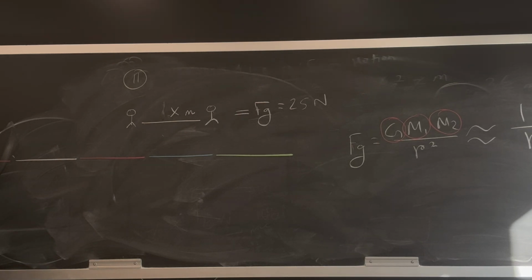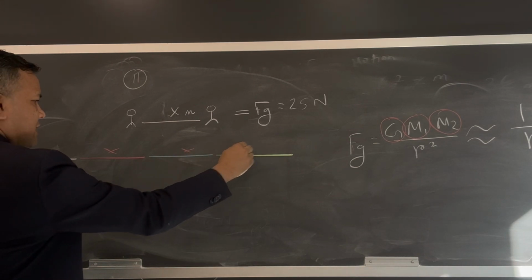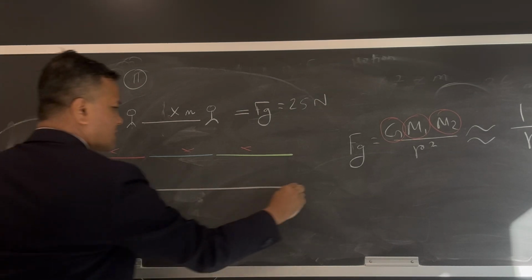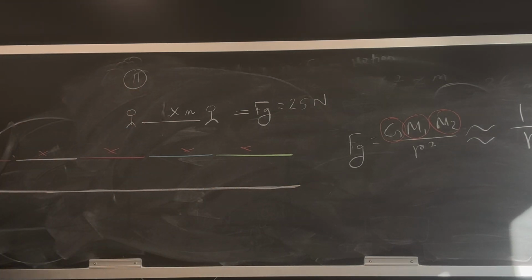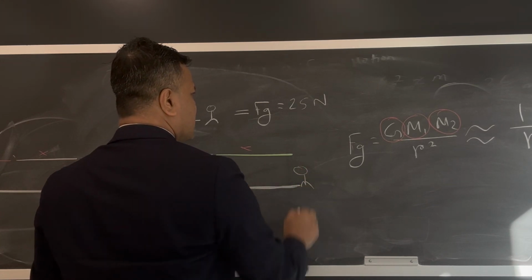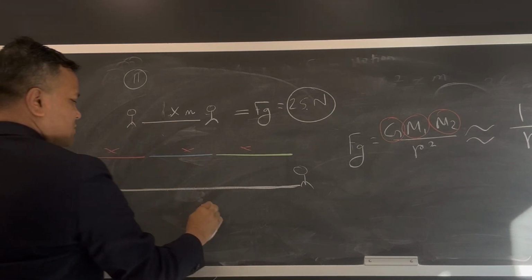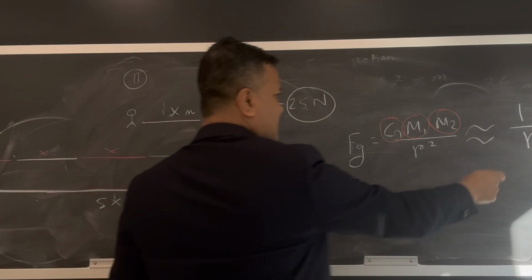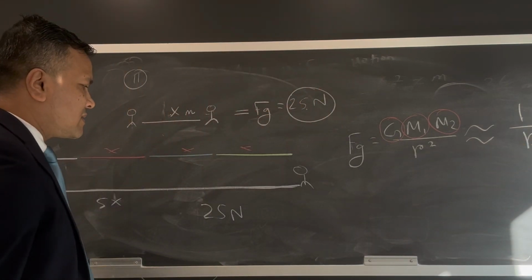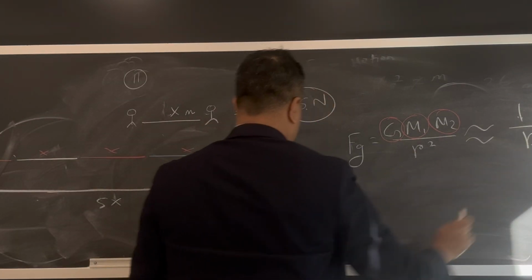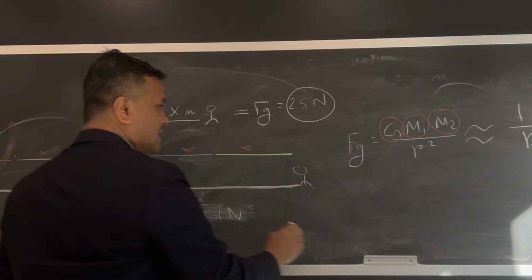So, x, x, x, x, x. So now 1, 2, 3, 4, 5. So then the distance between them is 5x, and the objects are now 5x away from each other. 1x is 25 Newton. Is 5x also 25 Newton? No. Is it 5 Newton? No. Is it 1 Newton? Yes. How?